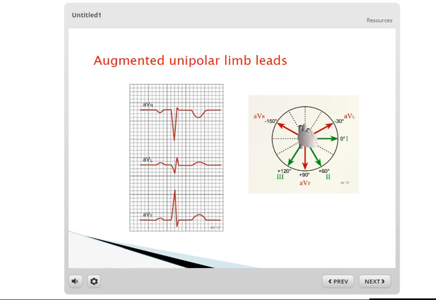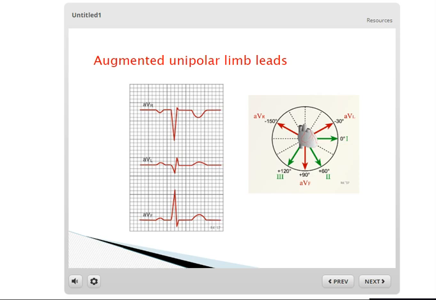The augmented unipolar limb leads are part of the standard 12-lead ECG and provide additional views of the heart's electrical activity: AVR, AVL, and AVF. AVR, augmented vector right, placed on the right arm, views the heart from the right shoulder. AVL, augmented vector left, placed on the left arm, views the heart from the left shoulder.